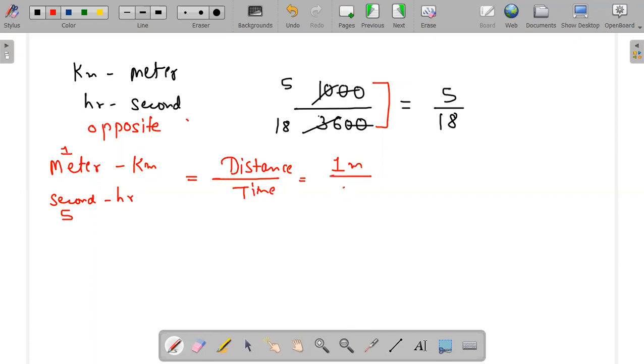And what is time? Time is 5 seconds. Now I have to convert this to kilometer and hour. So you have to divide it. Divide 1 meter by 1000 and divide 5 seconds by 3600.